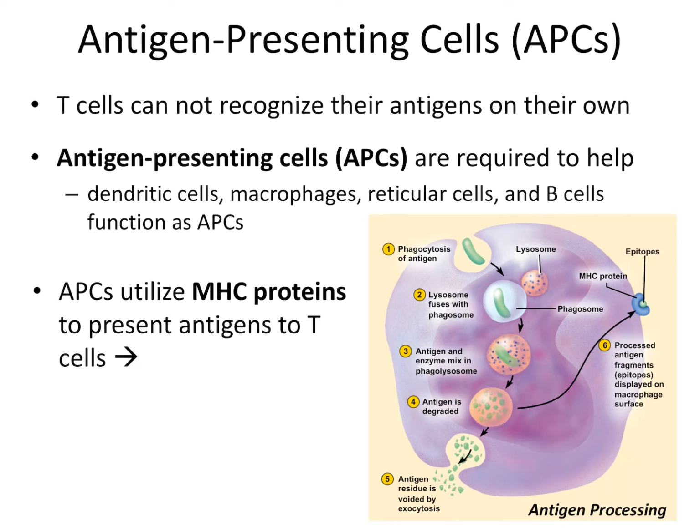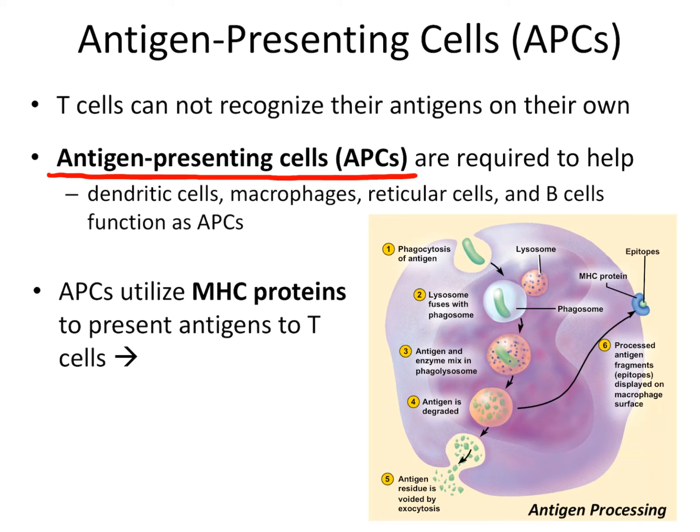Instead, they're going to need the help, oftentimes, of macrophages, dendritic, or reticular cells. These cells are known as antigen-presenting cells, or APCs. Essentially, they play the very important role of presenting this antigen or epitope to the T cell, and in doing so, they will activate that particular T cell.